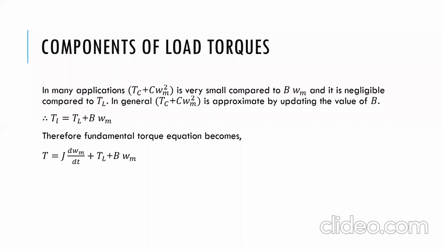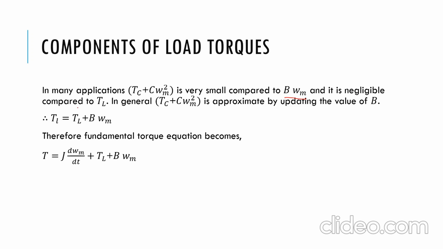In many applications the sum of Coulomb torque and windage torque is very small compared to friction torque B omega m. Friction torque is the major part of the load torque other than the torque required to do useful work. These two parts are very large as compared to the remaining two parts.